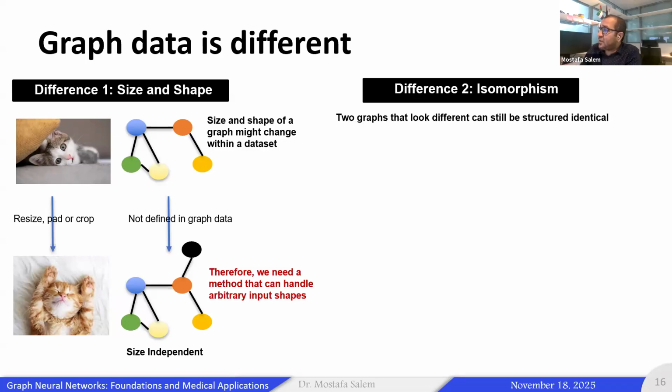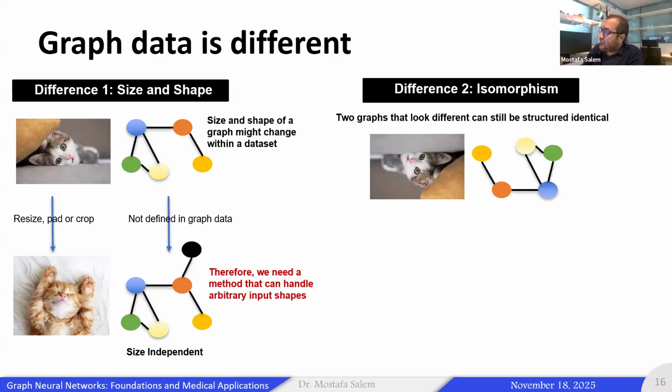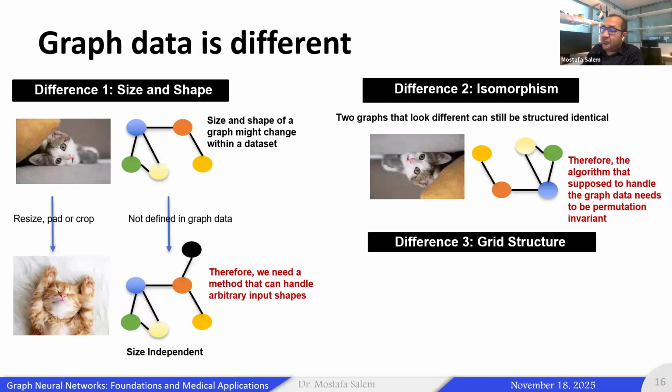The second difference is what's called isomorphism. Two graphs may look different, but still be structurally identical. So if I have this image and this graph on the left, if I flip the image, I will have a totally different image. But if I rotate the graph, you can see the graph is rotated, but it is exactly the same graph.